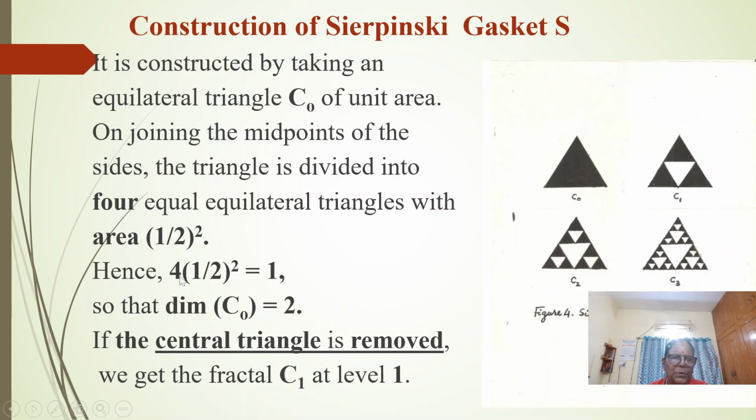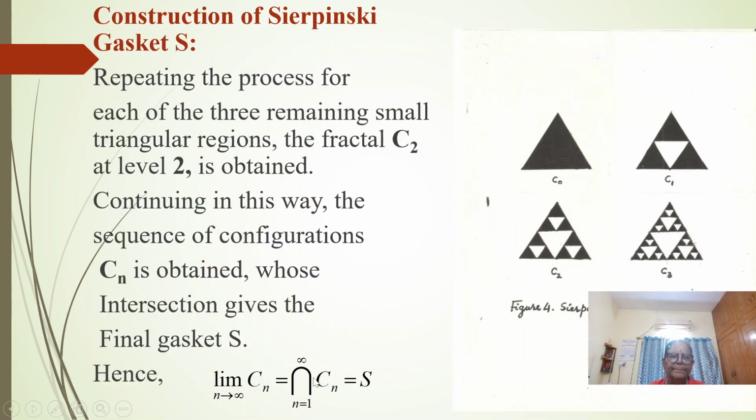So, 4 × (1/2)² is equal to 1. So, the dimension of C0 is equal to 2. If the central triangle is removed, we get the fractal C1 at level 1. In the next step, we remove the central triangle in all the remaining 3 triangles.